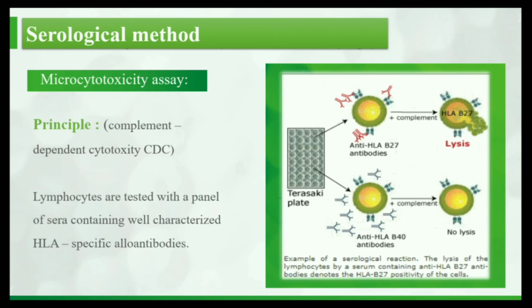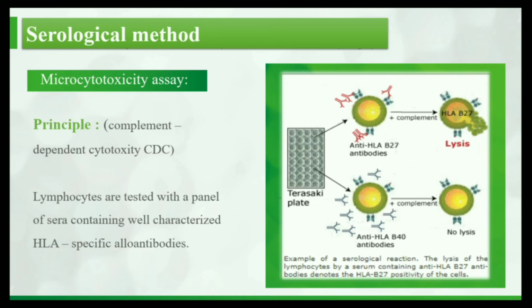The principle of complement dependent cytotoxicity, CDC, is that the lymphocytes are tested with a panel of sera containing well characterized HLA specific antibodies. Here we can see in this diagram that a Terasaki plate is used for this method, and for the complement, rabbit serum was taken.